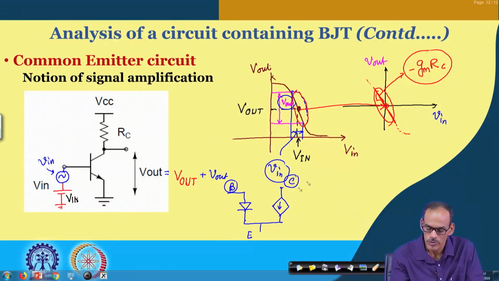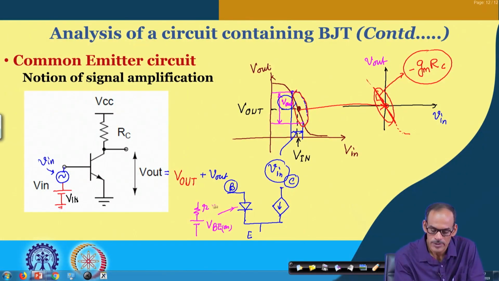Of course, we do have RC connected there, and this model may be simplified or linearized. You may recall that this consists of one on resistance and then the cut in voltage, in this case we call this V B on, and this is the base to emitter resistance called R pi.